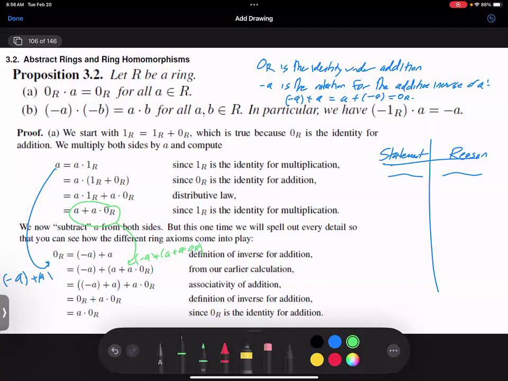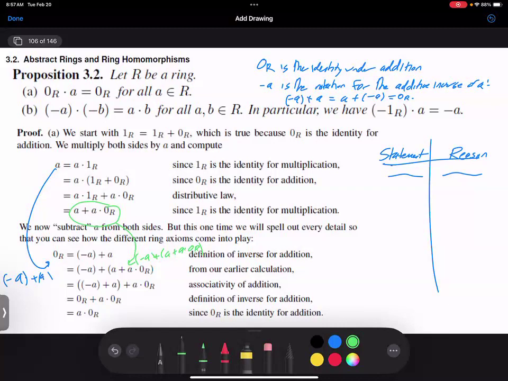But we know 0_R is the additive identity, so when we add that to anything, we just get back whatever we're adding. So when we add 0_R to a times 0_R, we just get a times 0_R. And so we see 0_R, the additive identity, is equal to a times 0_R. So whenever you multiply anything by the additive identity, you get the additive identity. So essentially, if you multiply anything by 0, you get 0.